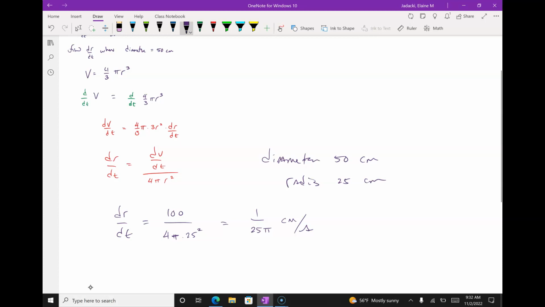You know how to do it, so do it as you want, right? All right, what decimal is this about? 1 divided by 25 divided by pi. So about 0.013.